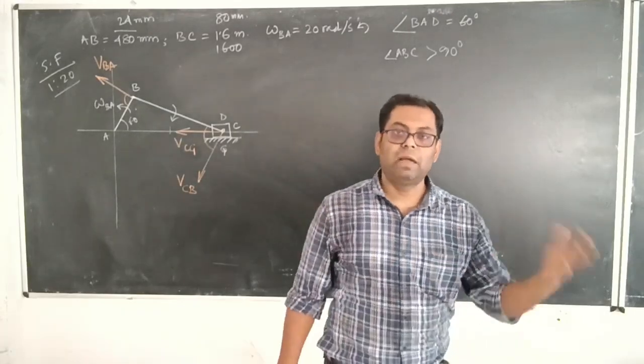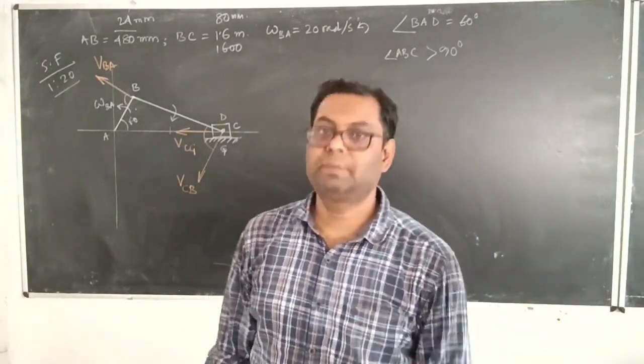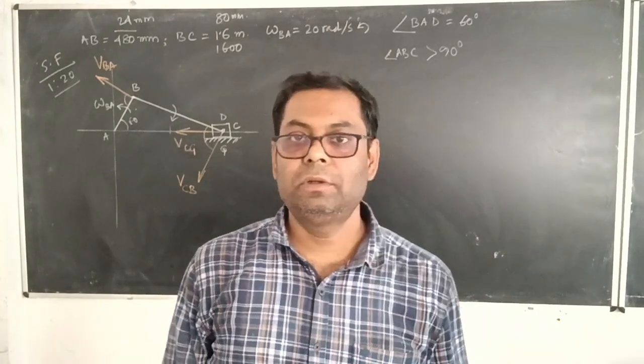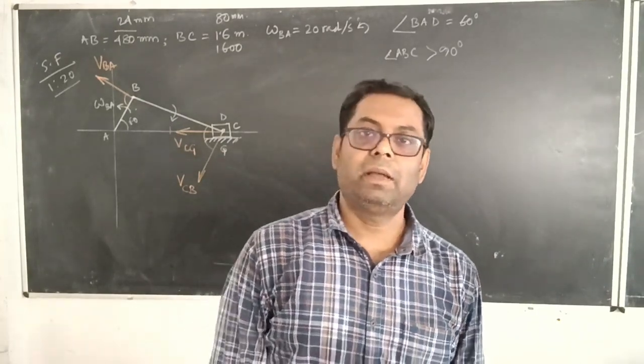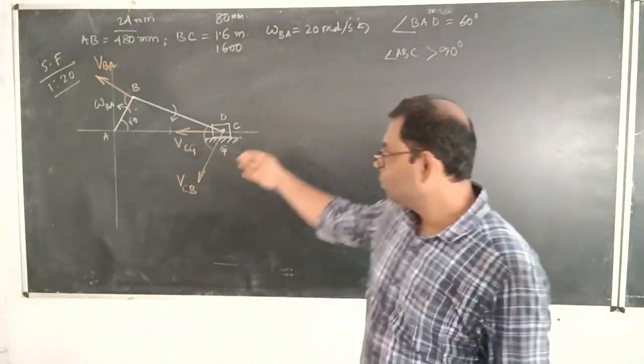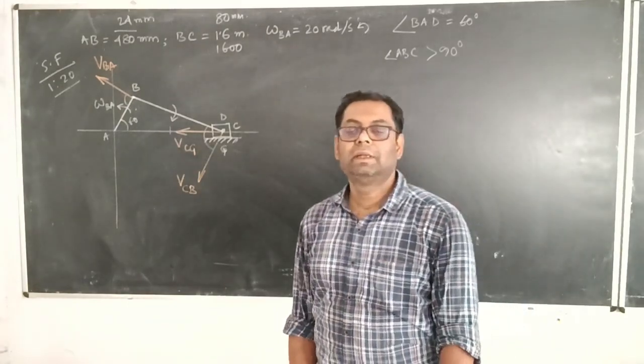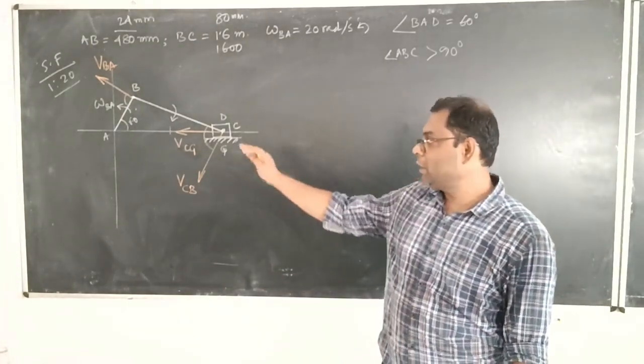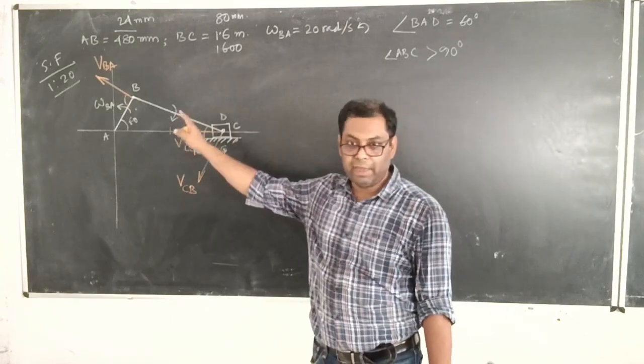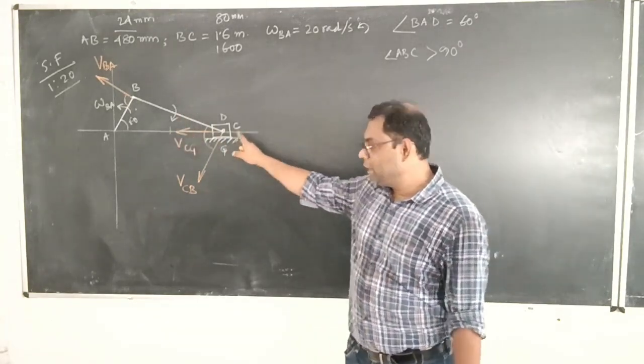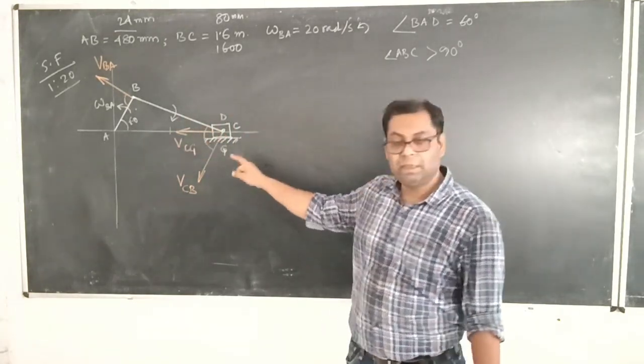So now let us solve this problem, and we have to first draw a velocity diagram. Already over here we have shown the three velocity components, namely VBA, VCG and VCB.